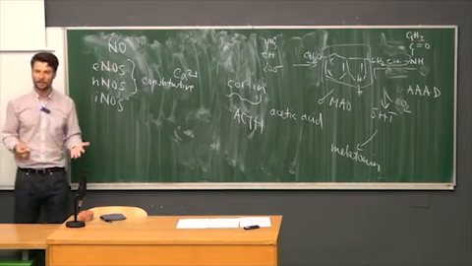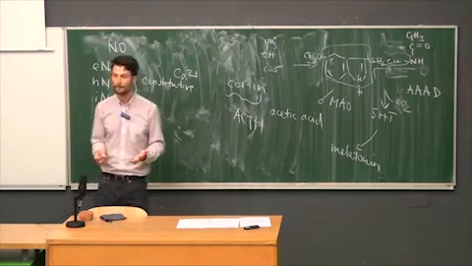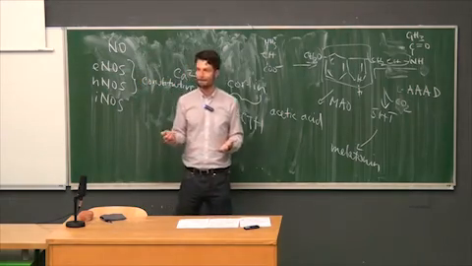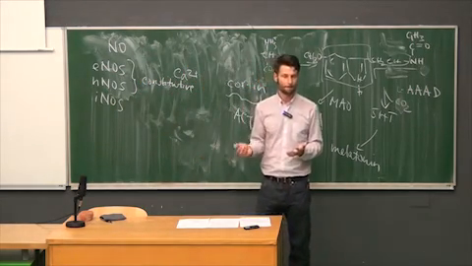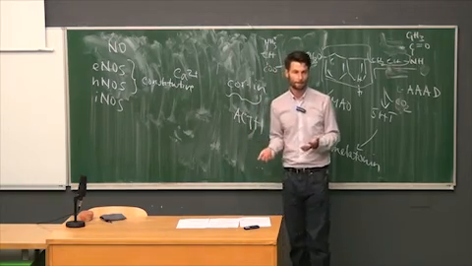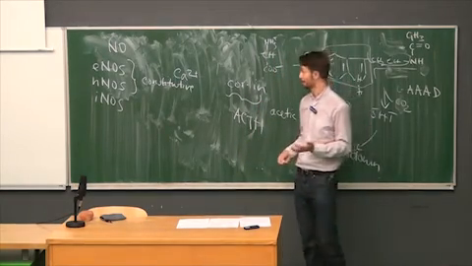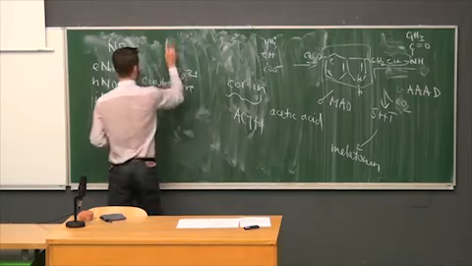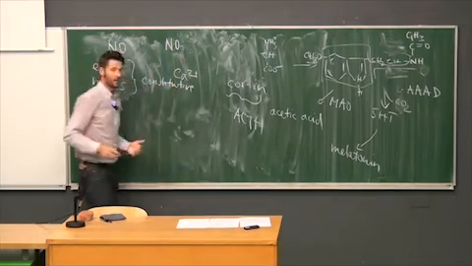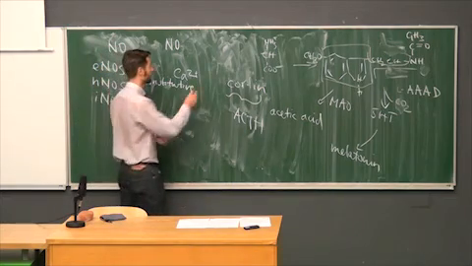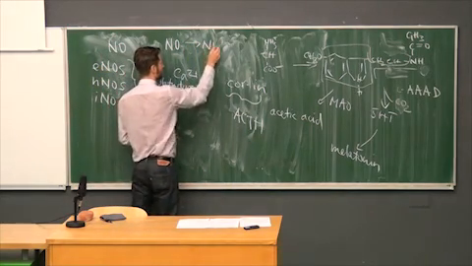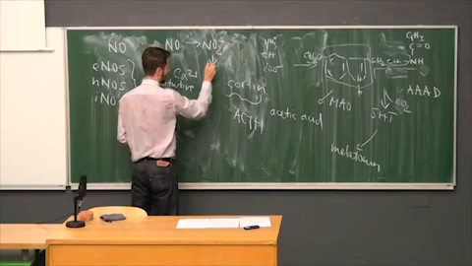Okay, how is nitric oxide degraded? It's made into nitrate. Nitric oxide is degraded by oxidation first into nitrite and then into nitrate.